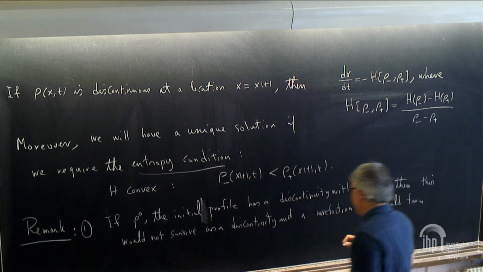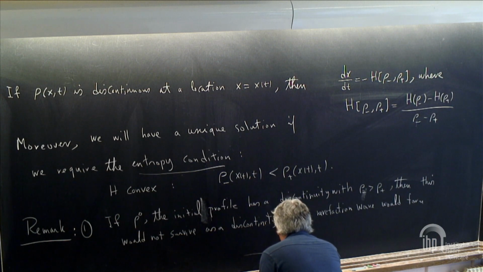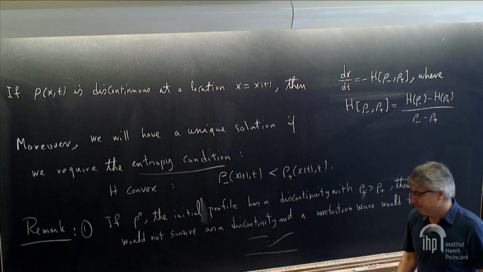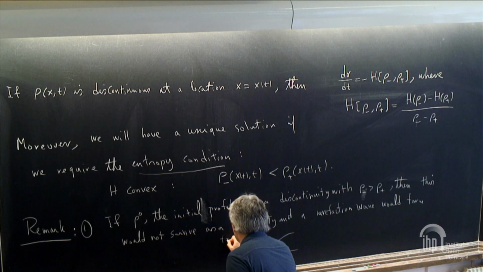So what it really means is this, that if initially you start with the wrong type of discontinuity, something like this, so this is at time t equals 0.